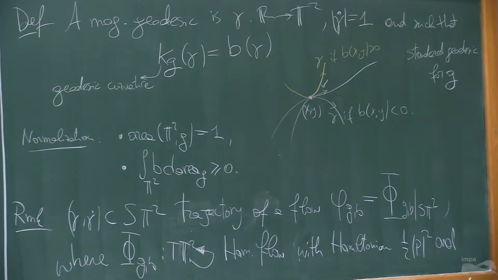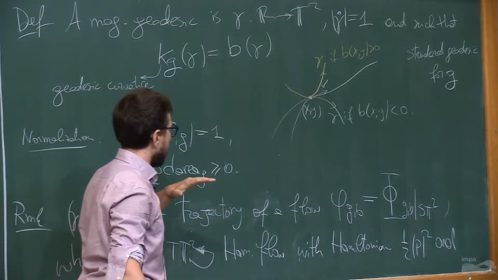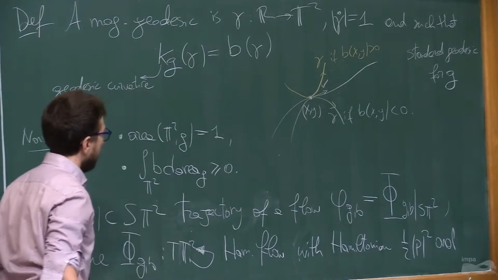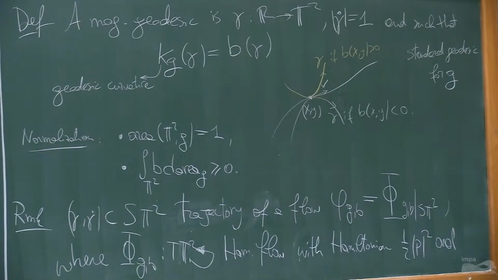And symplectic form omega GB, which is the standard symplectic form, so dpx wedge dx plus dpy wedge dy, and then I subtract B times the area form of the base, so B times the area form of G. So we can see these systems as giving us the Hamiltonian dynamics at a fixed energy level, in this case the energy level 1/2 for this Hamiltonian.